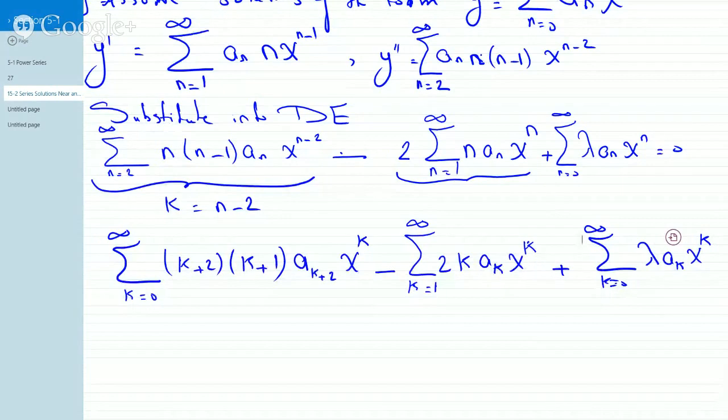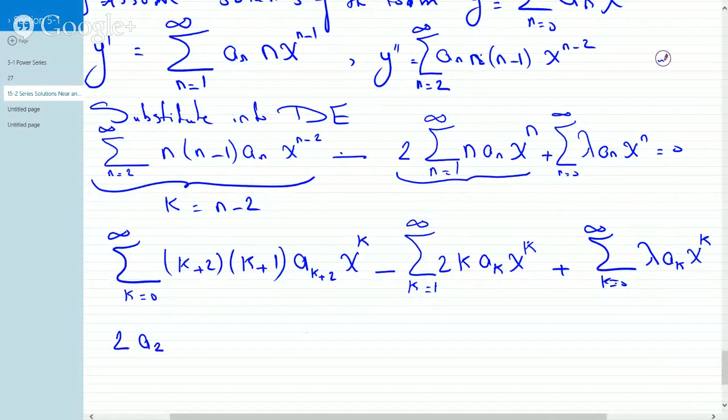So if k is 0, I would get 2a2, x to the 0 is just 1. And then from the last one, I'll also absorb the 0. So this will be lambda a0.